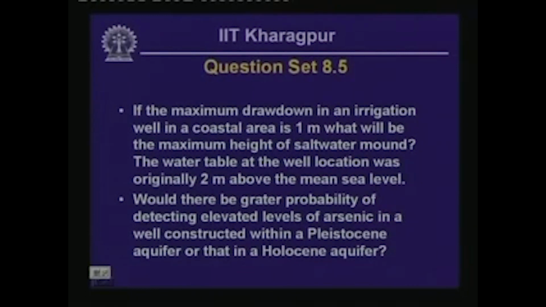Pleistocene is a geologic age which extends to about 10,000 years before present, and after that the geologic age is called Holocene. So a Pleistocene aquifer is a very old aquifer.